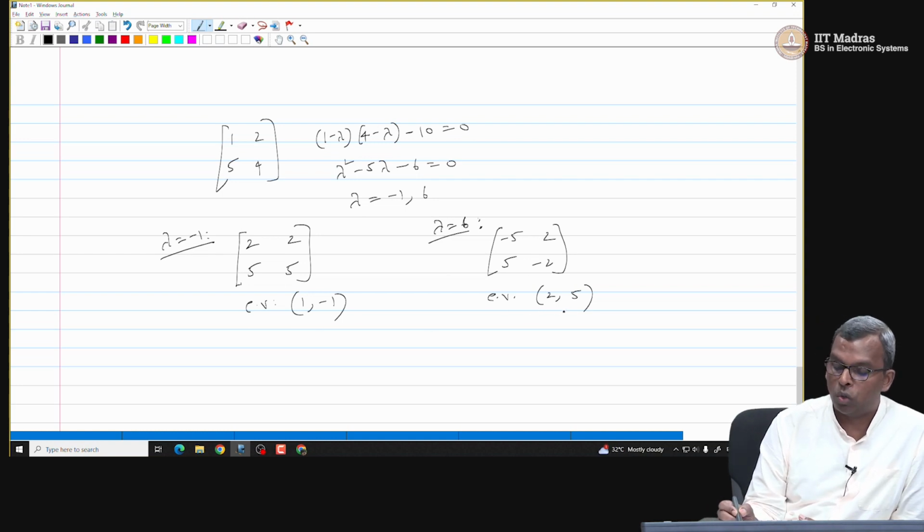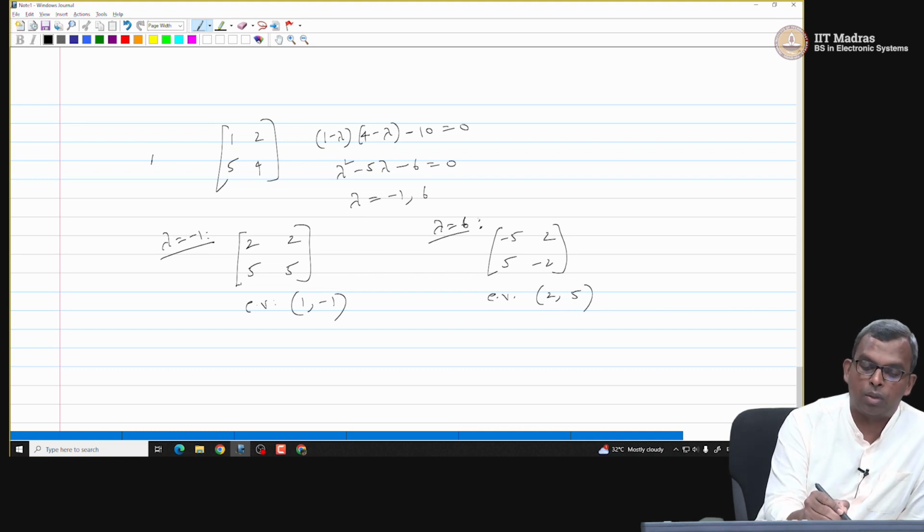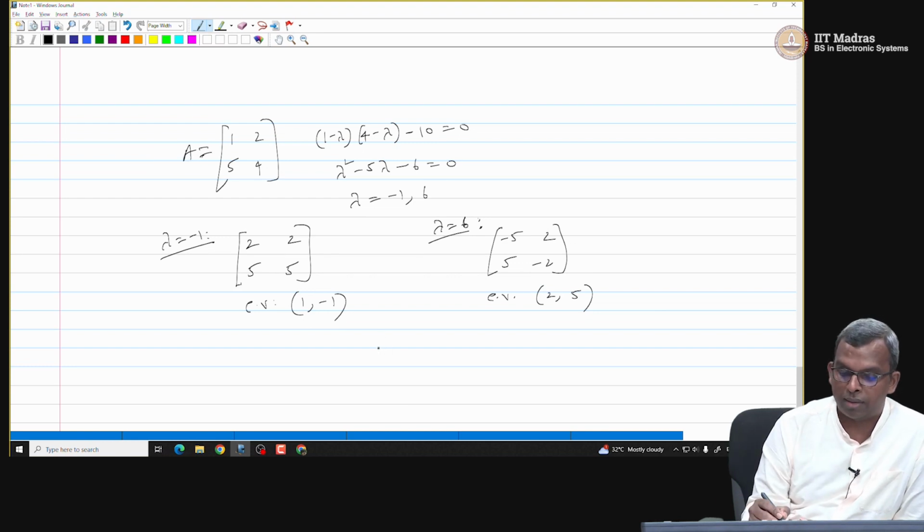So with respect to these two eigenvectors, the matrix for the operator, so suppose this is M of A, you can do S S inverse or whatever.